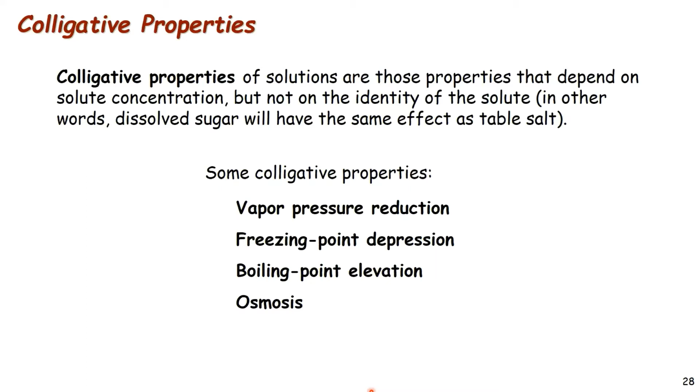So colligative properties affect the physical properties by just the number of particles added, not whether the particles are one type of molecule or another, whether they're an ion or a neutral molecule. It just matters how many, okay?